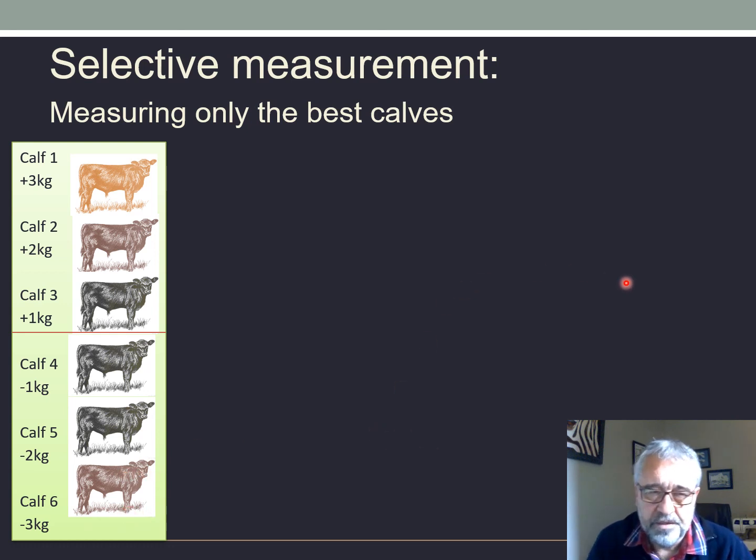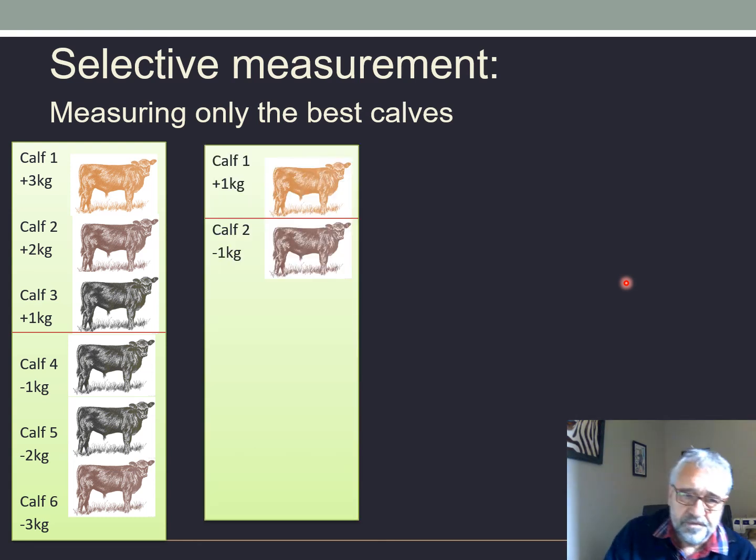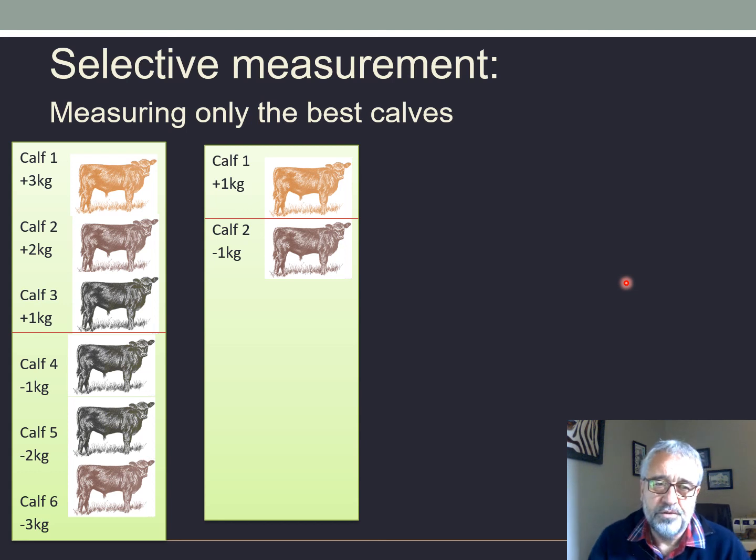So if there's selective measurement, let's say for example this farmer decides he's only going to weigh the 2 heaviest calves. Can you see what happens is that now all of a sudden your best performing calf, who used to be 3 kilograms heavier than the average, is now only 1 kilogram heavier than this new average, and the second calf, who was actually a superior calf, now becomes an inferior calf, because he has to compete against a new average.